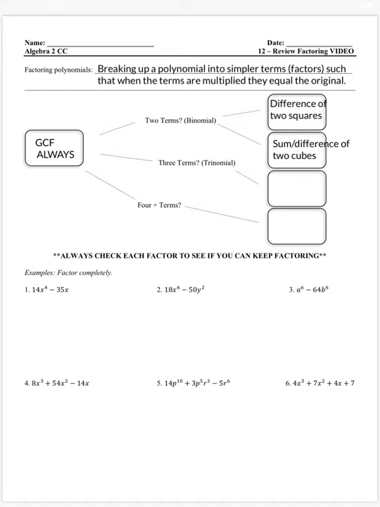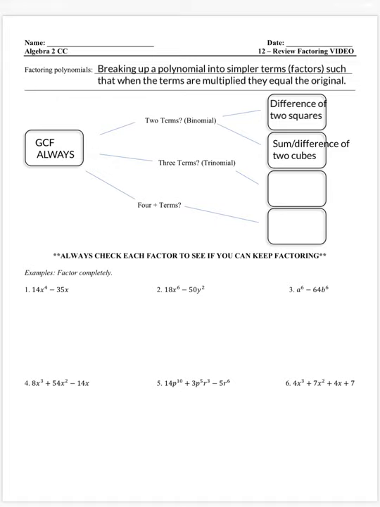So if you have 2 perfect squares with subtraction in the middle, then you can use that method. If you have 2 perfect cubes, then you can use the sum and difference of 2 cubes method. It doesn't matter whether it's a plus sign or a minus sign in the middle for cubes, okay?